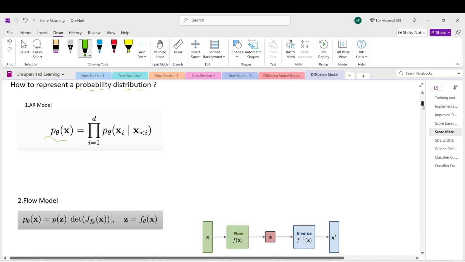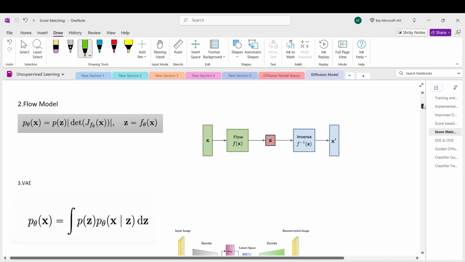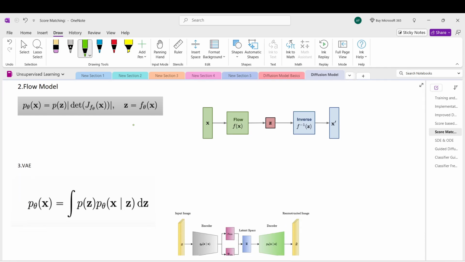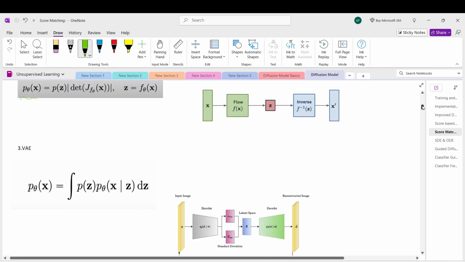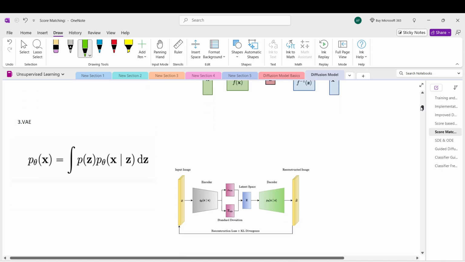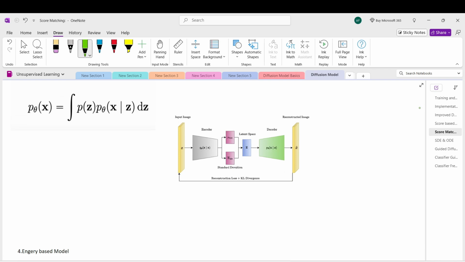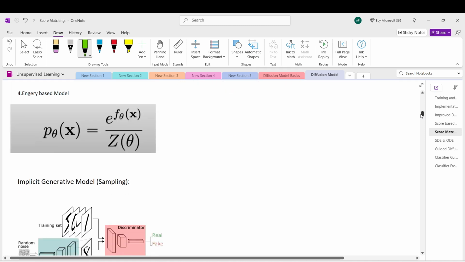Then in flow models we define the probability like this. In different models we represent the probability densities in different formats. In VAE we represent p theta of x like this, so in our journey we define this quantity differently.